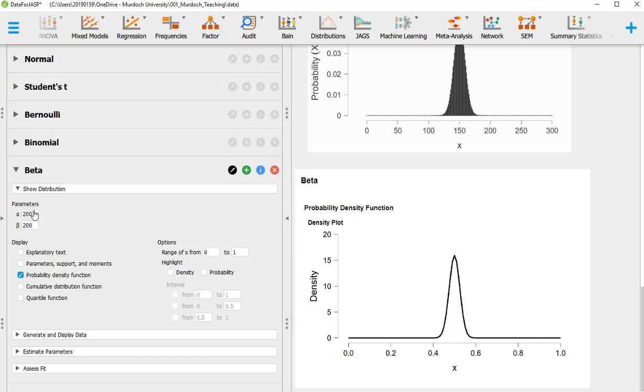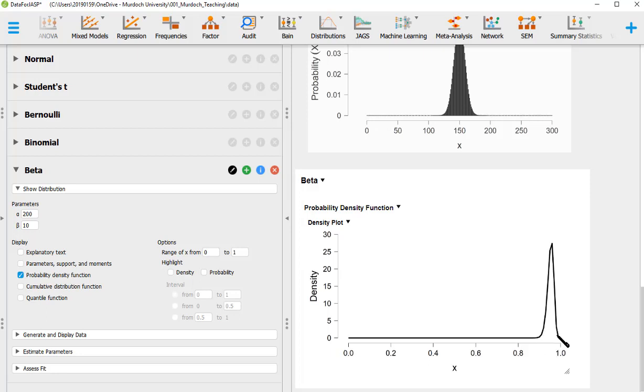Say we observe 200 landings in the region of interest and only 10 outside it. That means most of the population lives in the region of interest. So what's the proportion of people living there?